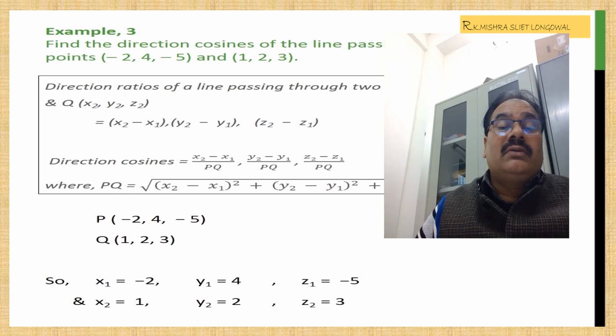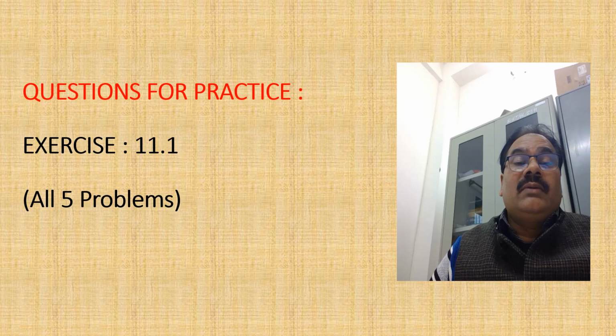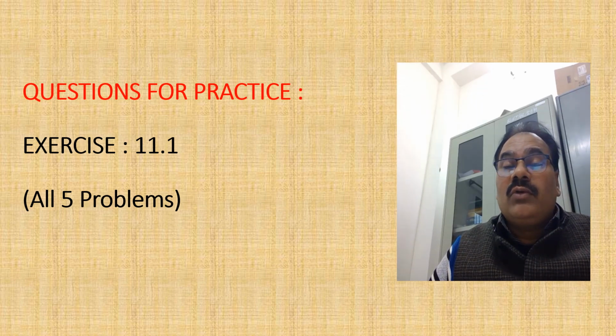After putting these values, we can write the direction ratios, which will be 3, minus 2, 8, and the direction cosines will be 3 by root 77, minus 2 by root 77, and 8 by root 77. Now, for practice, we can do some problems, and we will discuss some more problems with more formulas in the next video lecture.